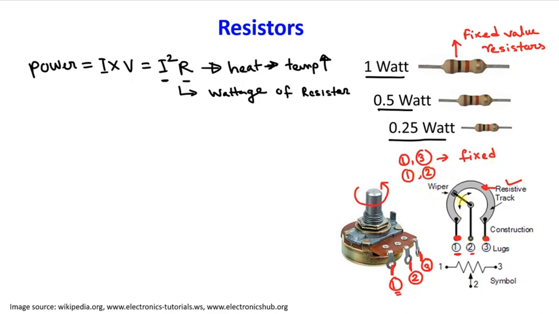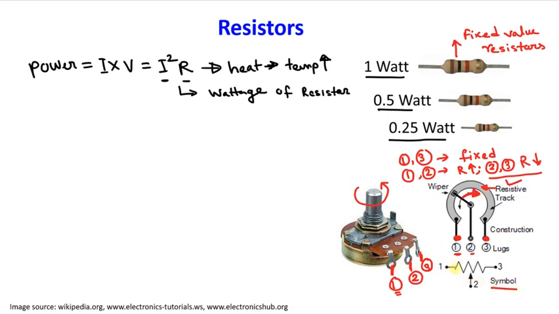What about between terminal 1 and terminal 2? You can see the wiper is connected with terminal 2, right? And if you rotate terminal 2 in the direction shown in this figure, then the resistance will increase because the length between terminal 1 and terminal 2 will increase, right? What about between terminal 2 and terminal 3? The resistance will decrease. So by changing the wiper position, we can change the resistance between terminals.